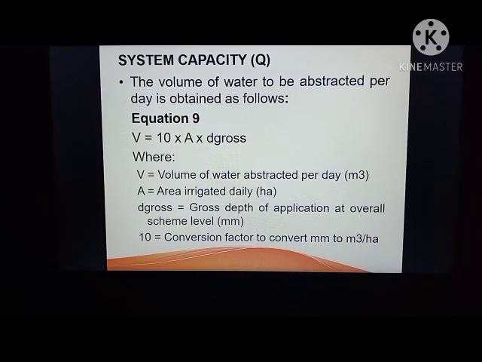D gross is equal to the gross depth of application at overall scheme level, and 10 is equal to the conversion factor to convert mm to cubic meter per hectare.